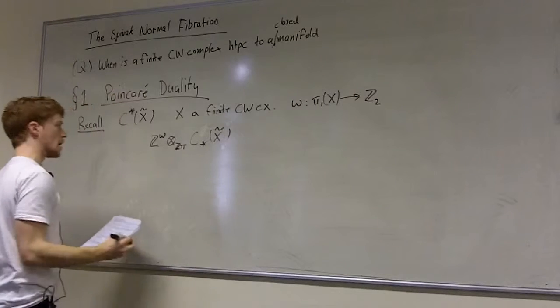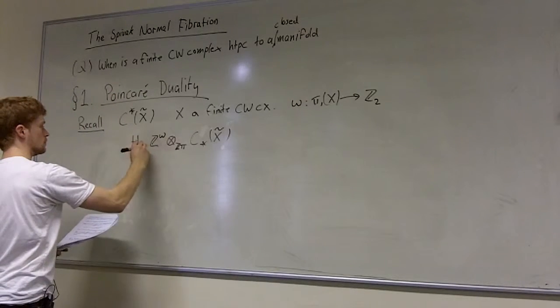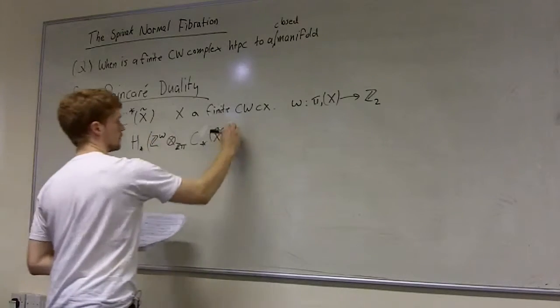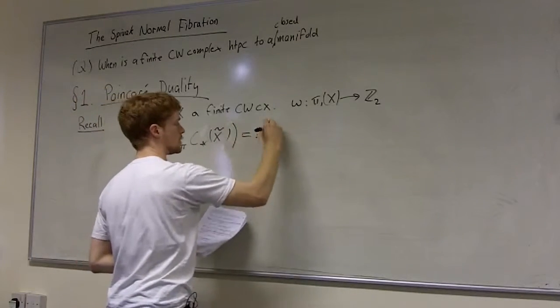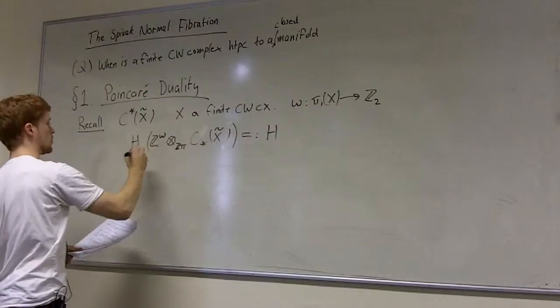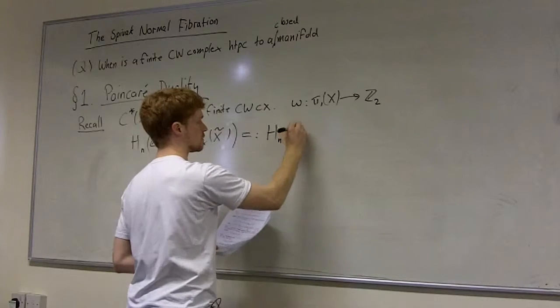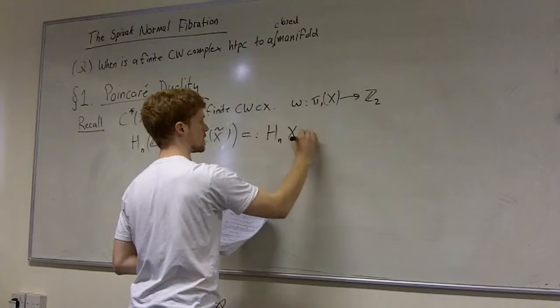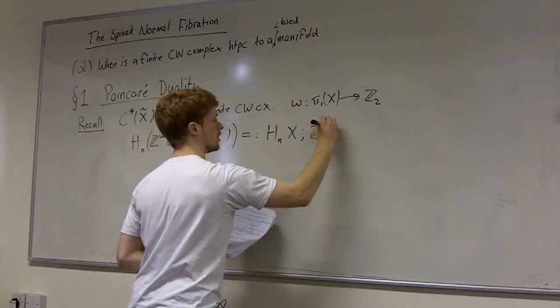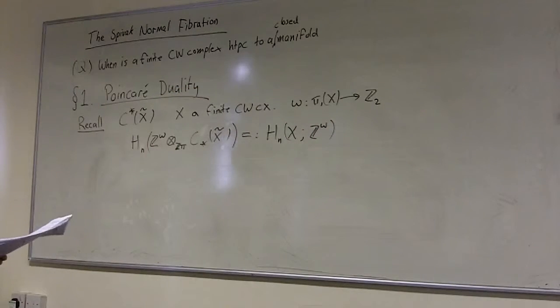And then taking the homology of the chain complex, taking the nth homology, this should define the homology with twisted coefficients of the CW complex.